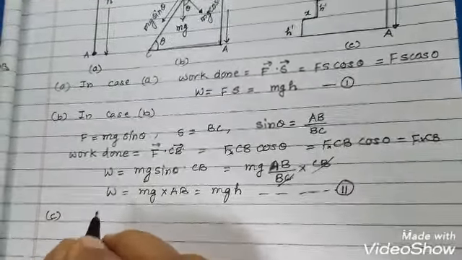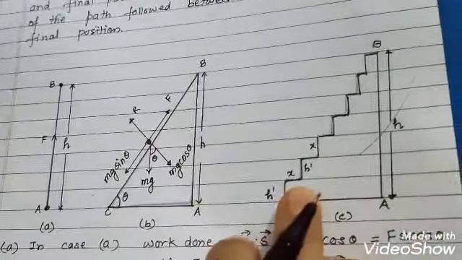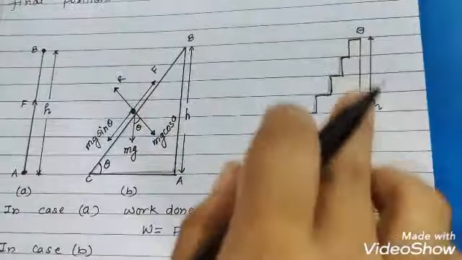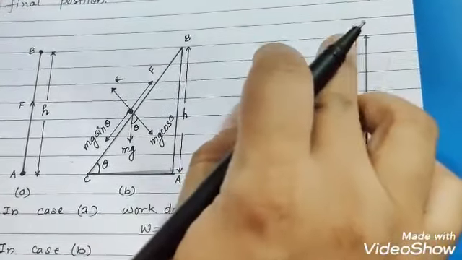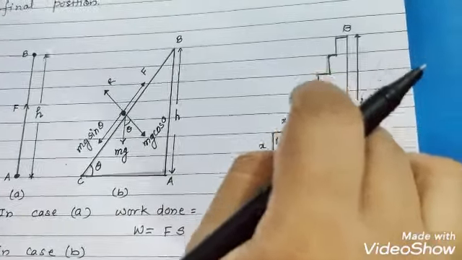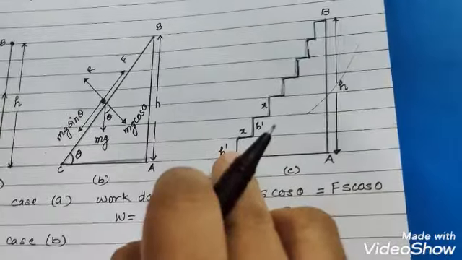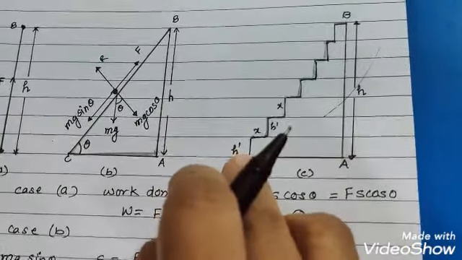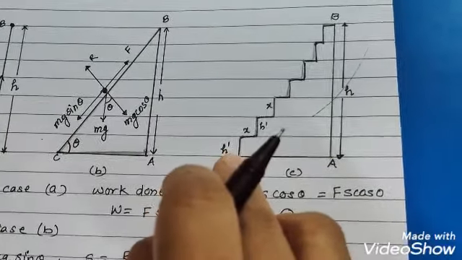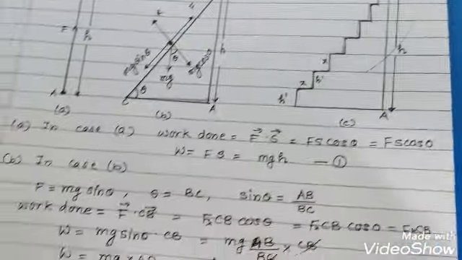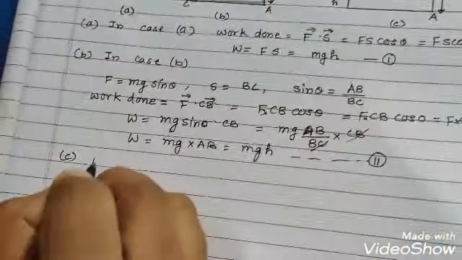In the third case you will find the staircase, in which the body is being taken through the same height AB, that is equal to h, over a staircase, and let there be n steps. Suppose n steps are there, and each step has a vertical distance h dash and width x. So the work done we will calculate in this case.